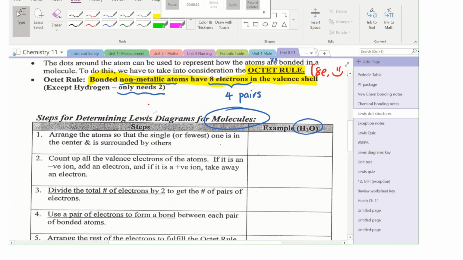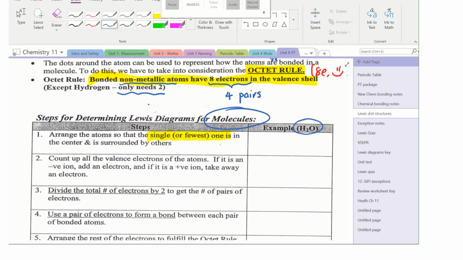Step number 1, we are going to arrange the atoms so that the single one, or the fewest one, in the whole molecule is placed in the center. We pick the fewest one or the single one and put it in the center, and the other atoms go around it.